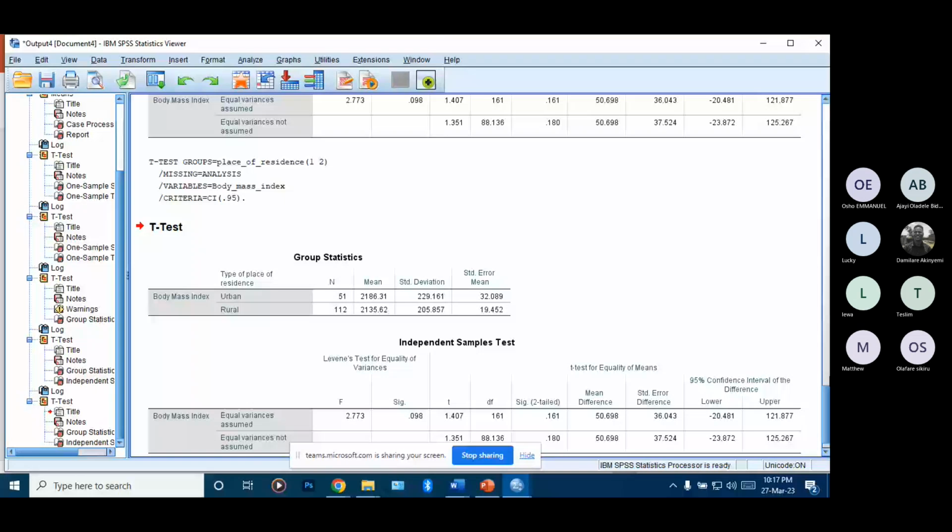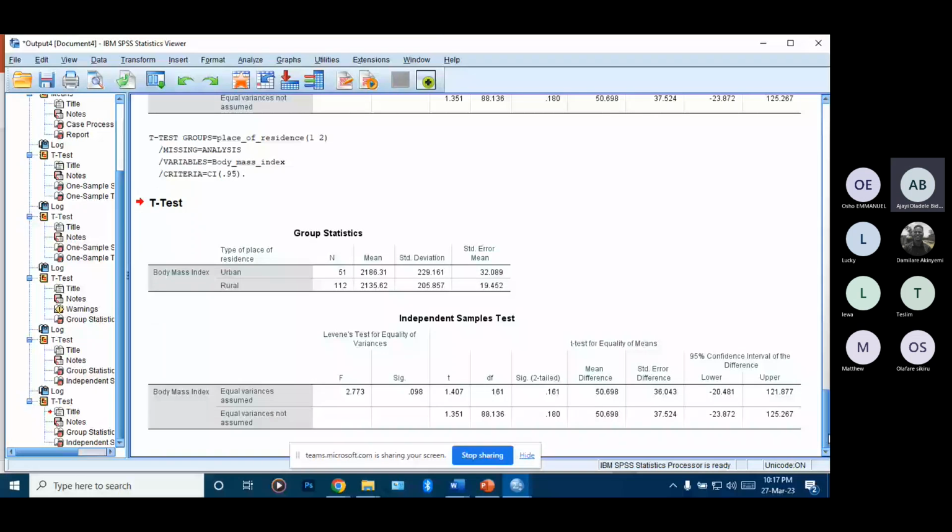Okay, now the 11 steps will come out with the output automatically.